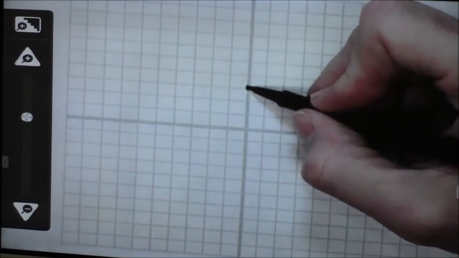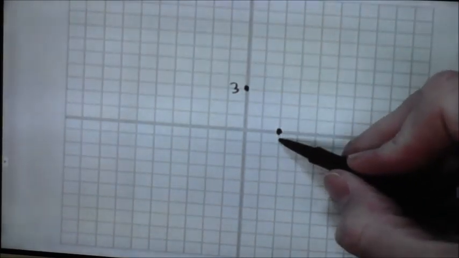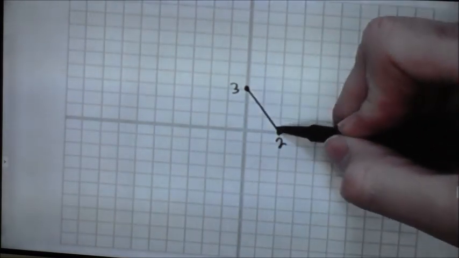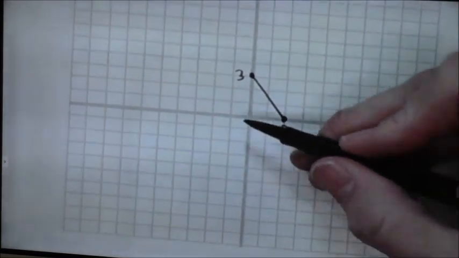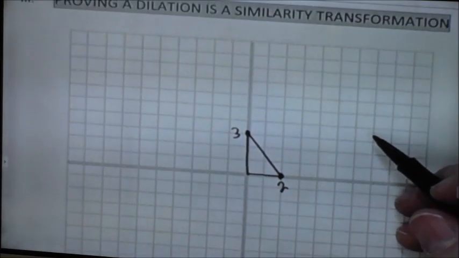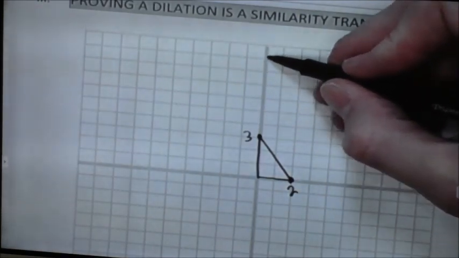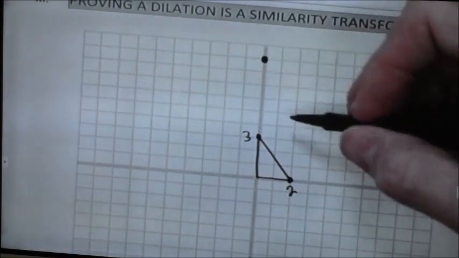So I want to go here to 3 and here to 2. So on the x-axis go to 2 and the y-axis go to 3, and we'll make a triangle here. And then I also want to go up to 9, 4, 5, 6, 7, 8, 9, and out to 6, 2, 4, 6.